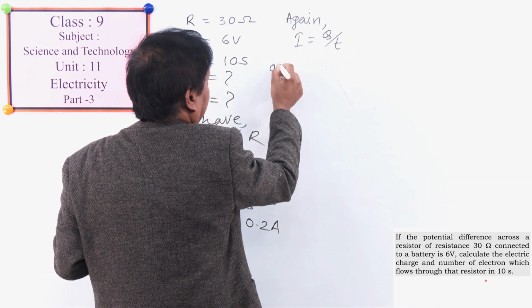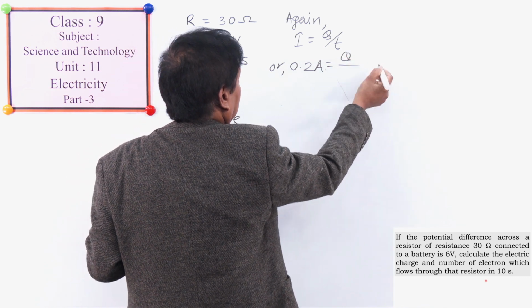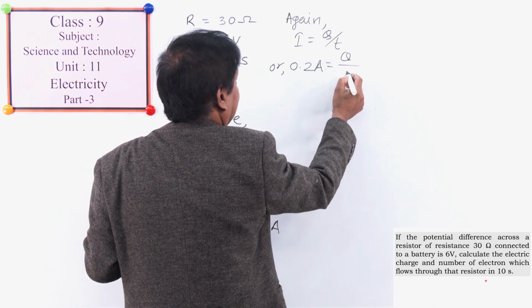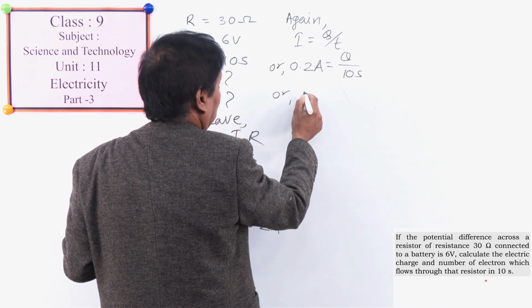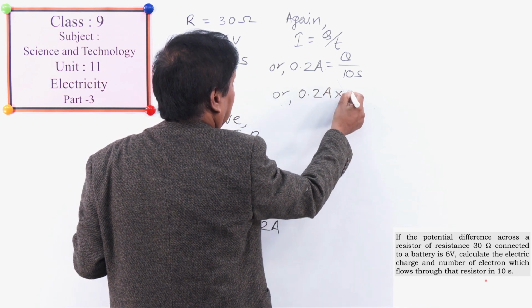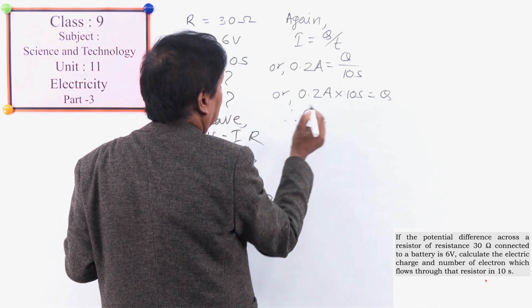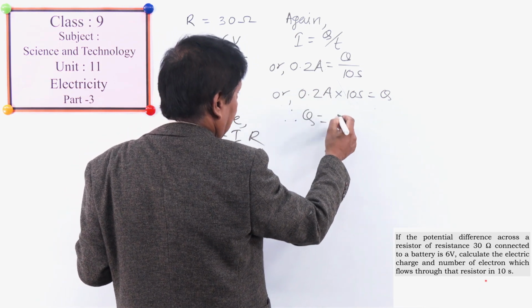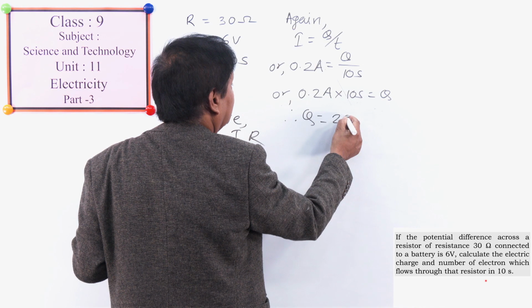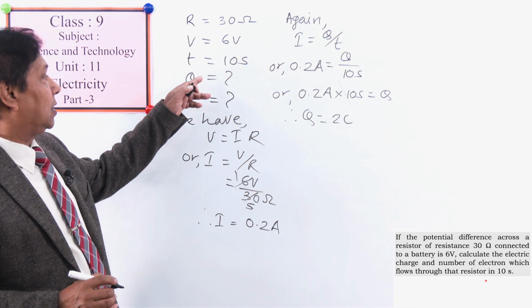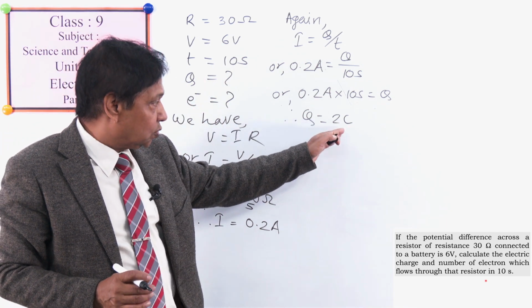Now if we write 0.2 ampere in place of I, and Q we are going to calculate, and time is given as 10 seconds, then when 10 seconds is taken to the left hand side, we get 0.2 ampere into 10 seconds equal to Q. Therefore Q is equal to 10 multiplied by 0.2, which becomes 2. And what is the unit of Q? Q means charge. Charge is measured in coulomb. Now we got one answer of the question, that is charge is 2 coulomb.